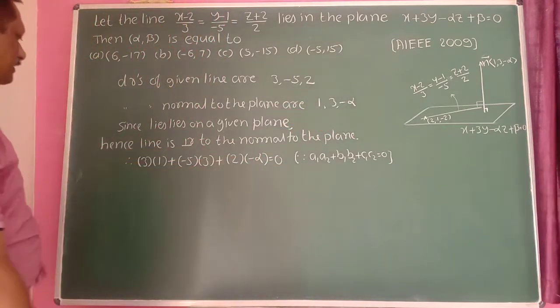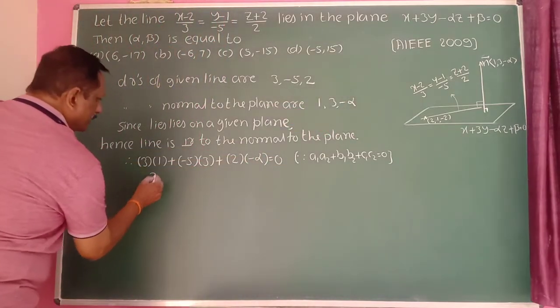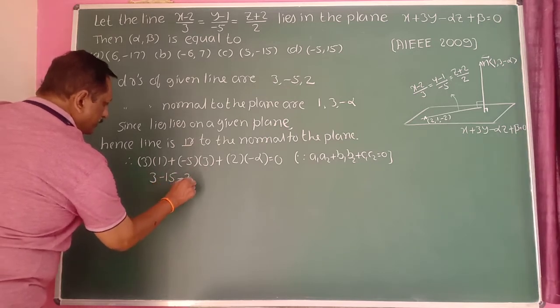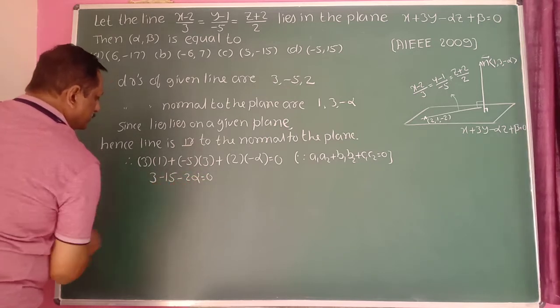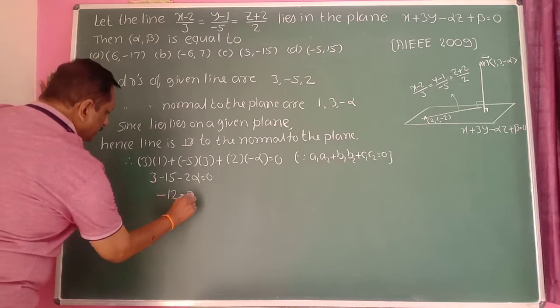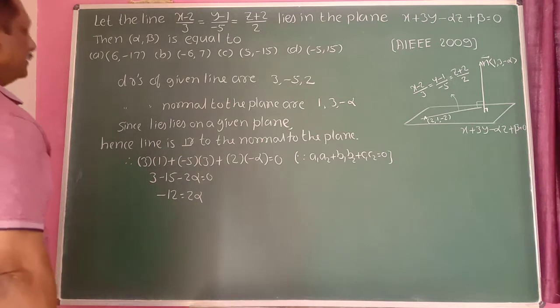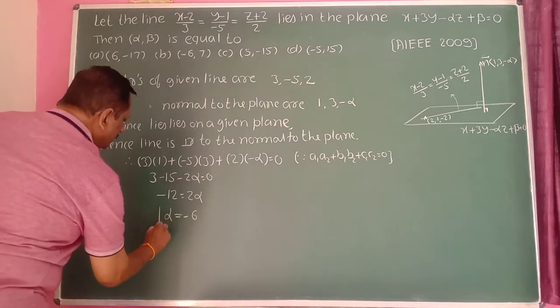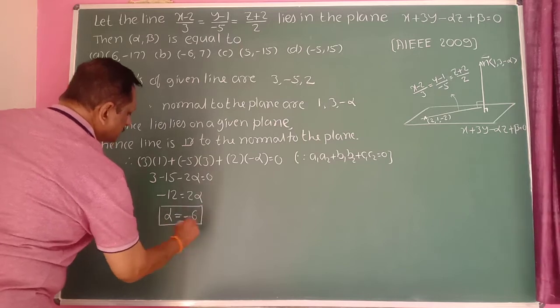Use that formula. Then 3 ones are 3, 5 3s are 15, minus 15, so minus 2 alpha is equal to 0. 3 minus 15 is minus 12, equal to 2 alpha. Therefore alpha is equal to minus 6.